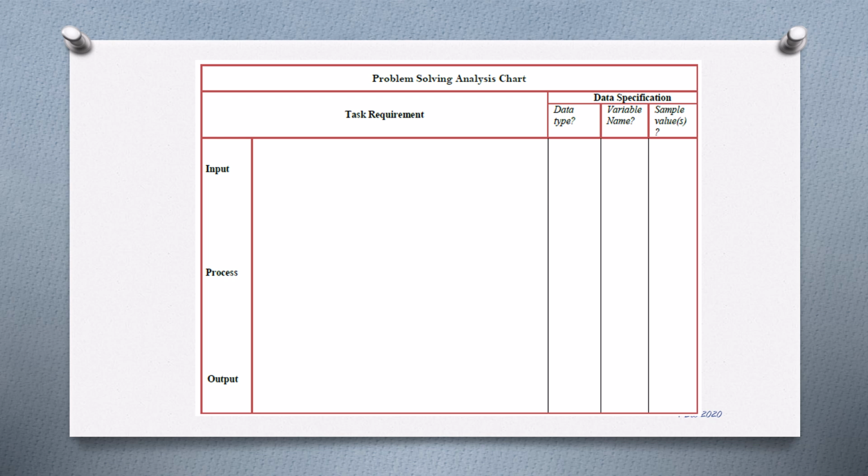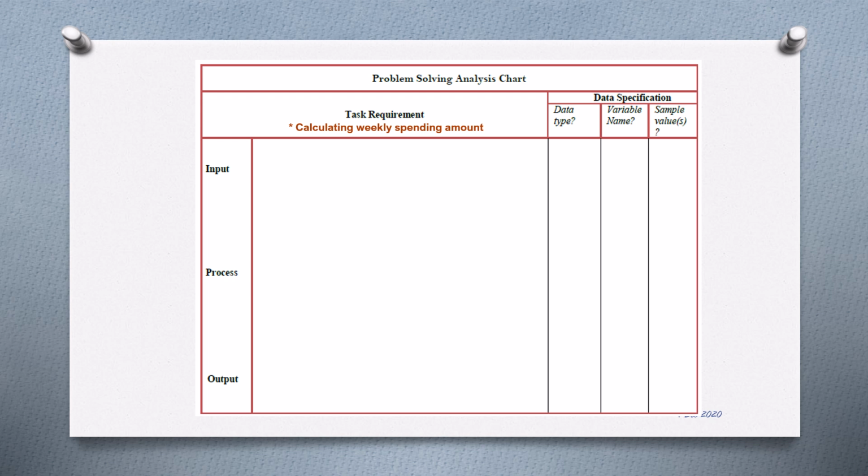Next, now fill in the problem solving analysis chart. It will be easier for you to check where is the input, the process, and the output. First thing first, specify the data. You know already the variable names, the locations that you will be using. So you have D1, the task requirement.